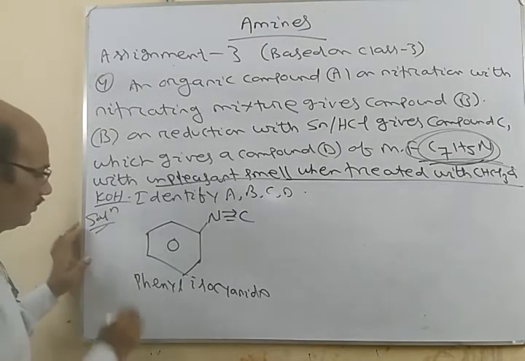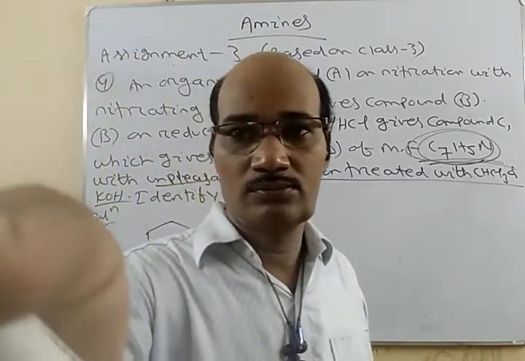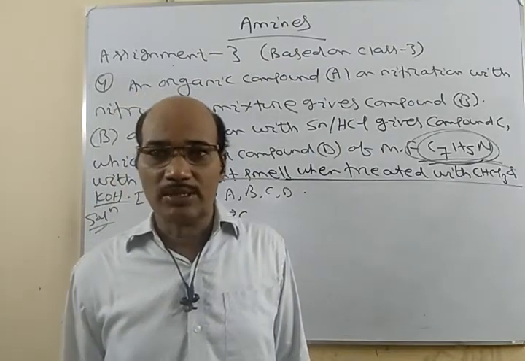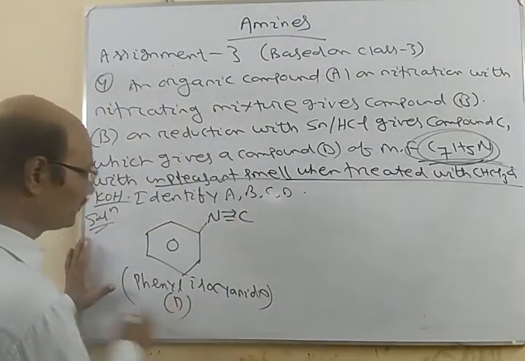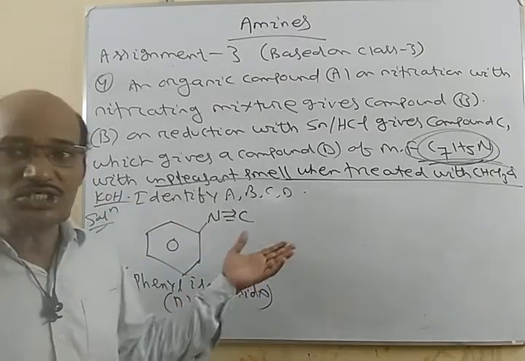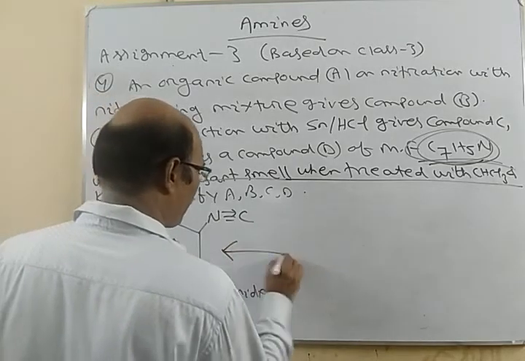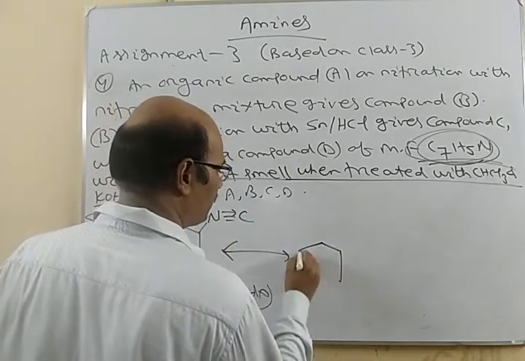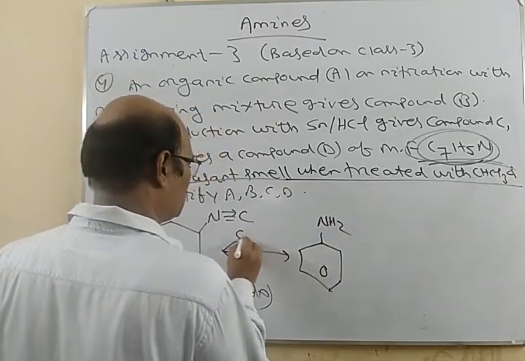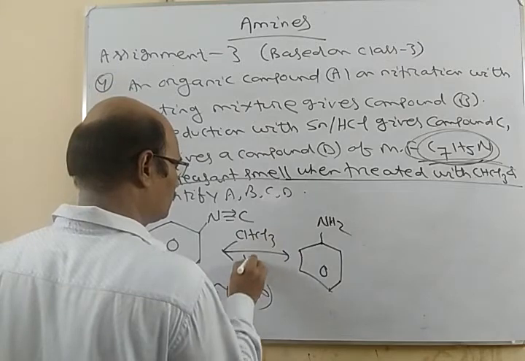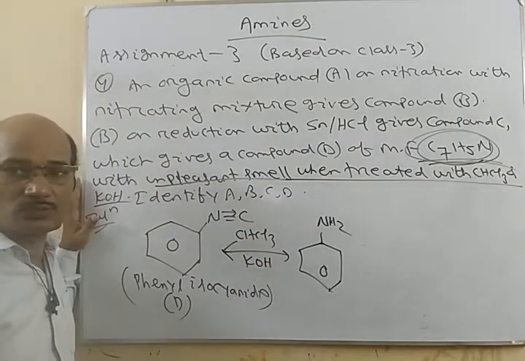Okay, now this pungent smell compound is obtained as D from C. So C is an amine, a primary amine, with CHCl3 and KOH.